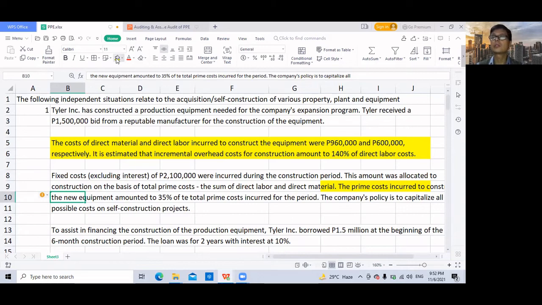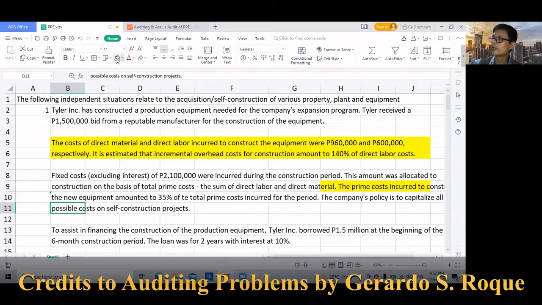The company's policy is to capitalize all possible costs on self-construction projects. When you say capitalize, it becomes part of the value of the asset, and then this is depreciated periodically. That is where you get the expense on a periodic basis, for example, yearly.